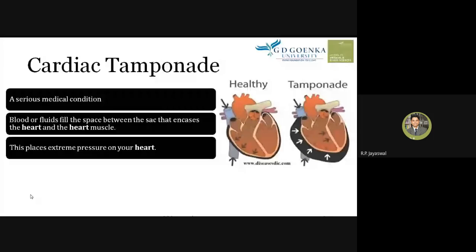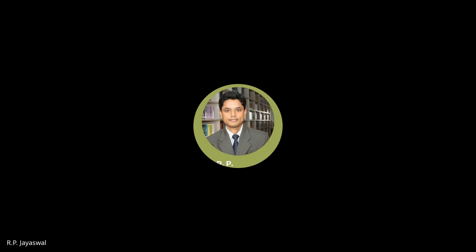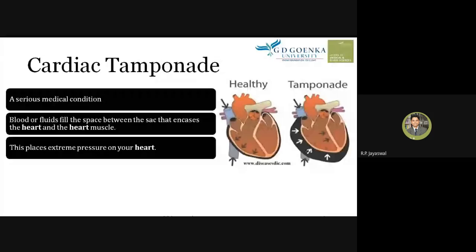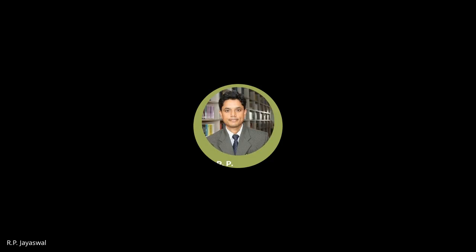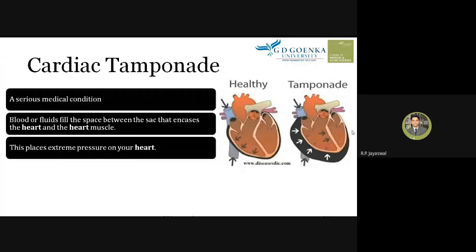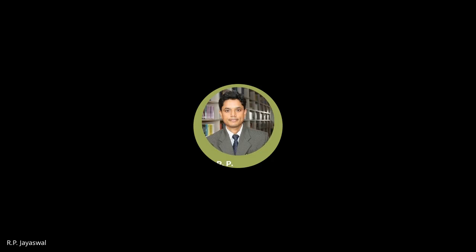This excess fluid within the space can exert extreme pressure on the heart, and in response, the pressure prevents the heart ventricles from expanding fully.